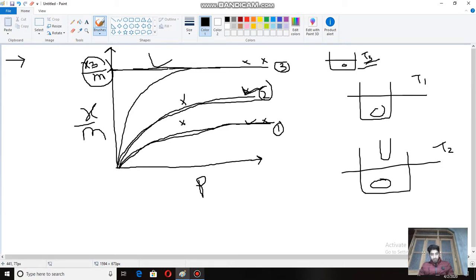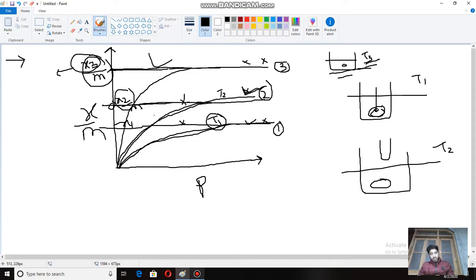It is more as compared to x2. x3 is the amount of substance adsorbed on the surface for system T3 at equilibrium. Similarly, this x2 is the amount of substance adsorbed on this surface when temperature was T2. And similarly, this x1 is for the system T1.